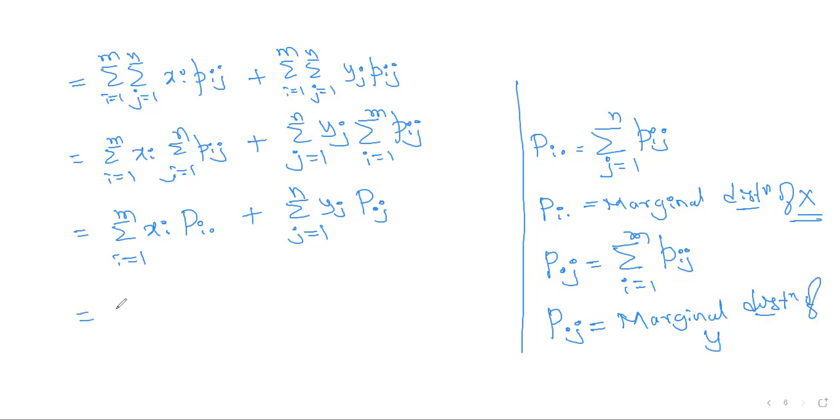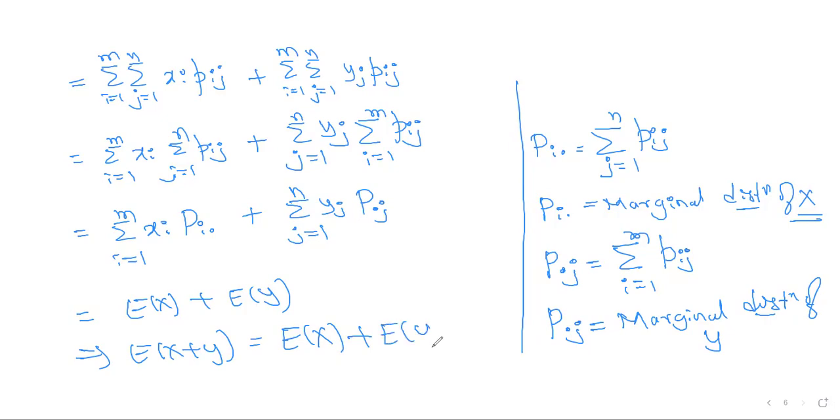By definition, this is the expected value of x, and this is the expected value of y. So the expected value of x plus y is equal to the expected value of x plus the expected value of y. This is the proof of the addition theorem of expectation.